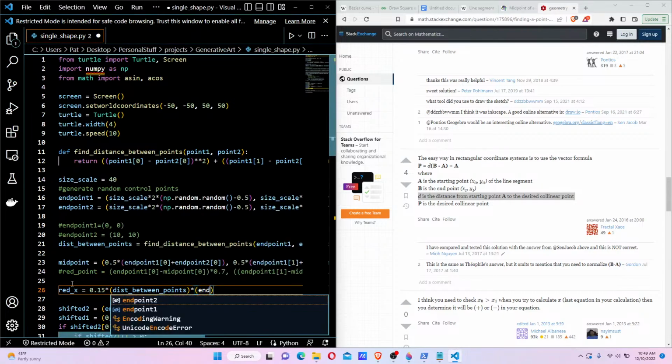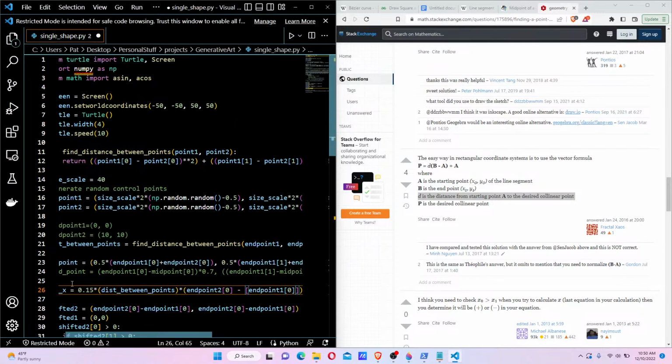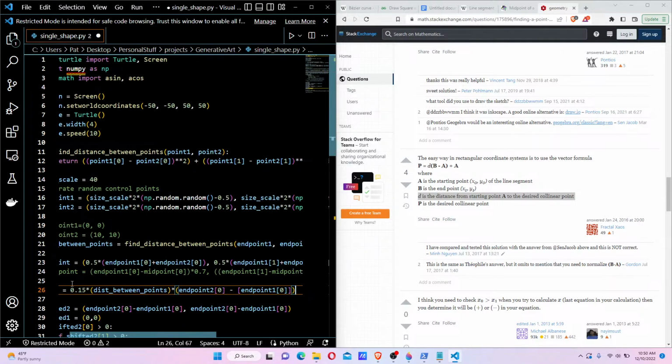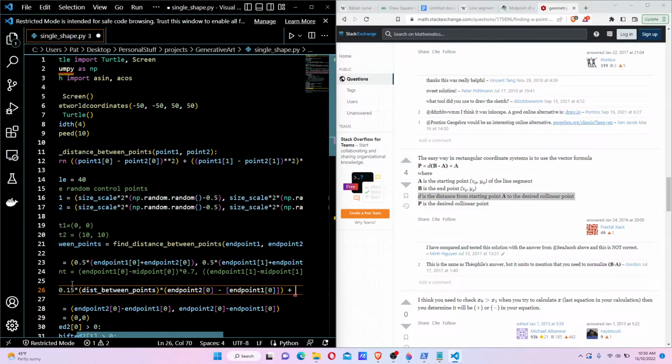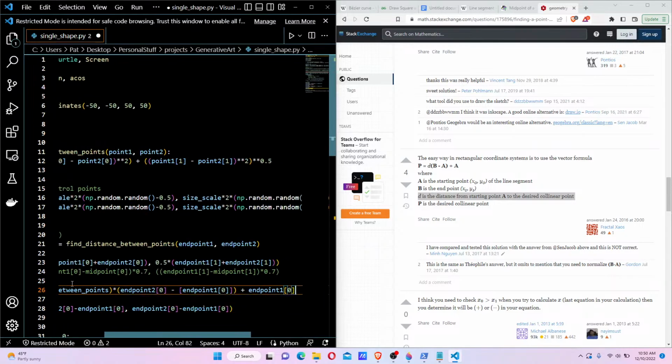Okay, so end point 1 of 0 minus, so we'll say this one starts at endpoint 1 and ends at endpoint 2. So b minus a, and then to that whole thing you add a, endpoint 1, 0.